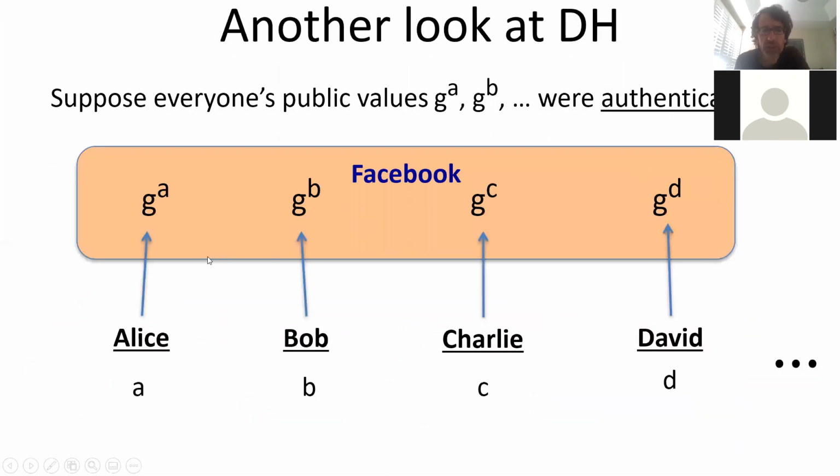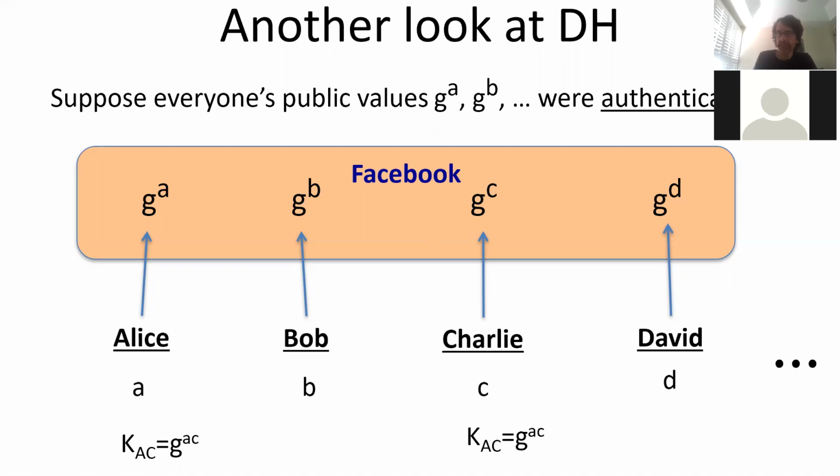So let's say every party picks their little exponent and keeps it secret, private, but publicizes this Diffie-Hellman contribution. Now, not only can Alice create a key with Bob, she can create it with Charlie, she can create it with David. And all these people can create keys between one another.